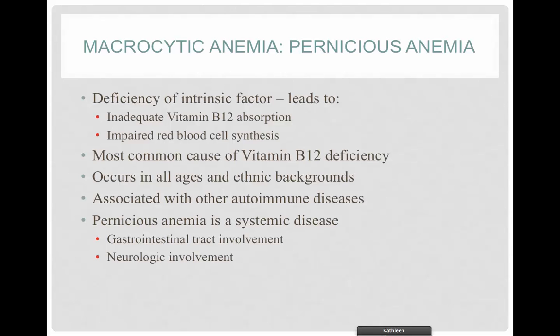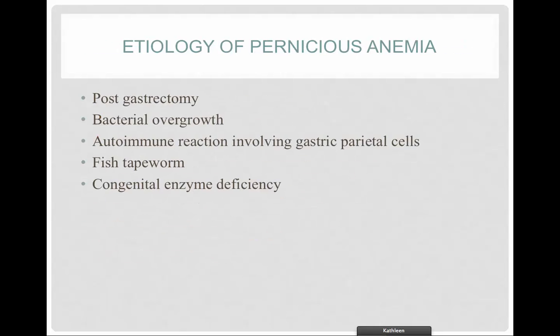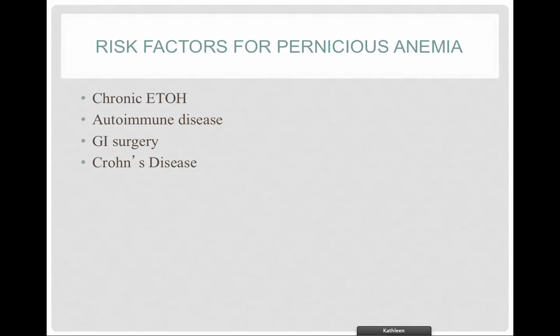Pernicious anemia is a systemic disease. You have gastrointestinal tract involvement and neurologic involvement. Please remember that, neurologic involvement. Post-gastrectomy can cause this, as can bacterial overgrowth, autoimmune reaction involving gastric parietal cells, fish tapeworm, and congenital enzyme deficiency.